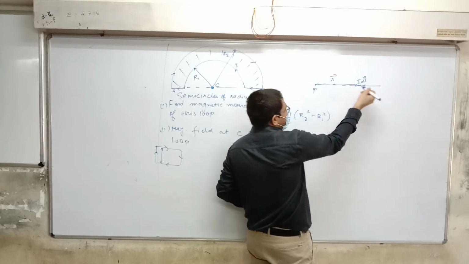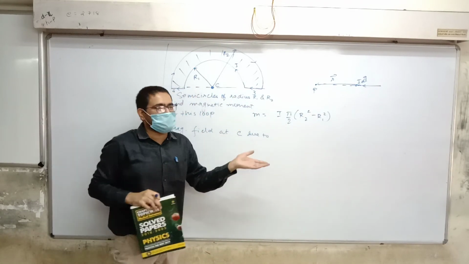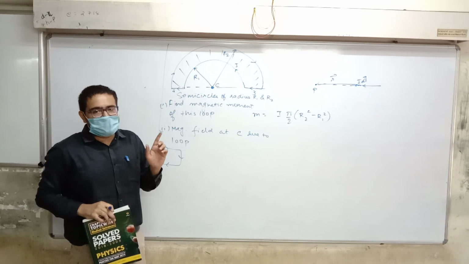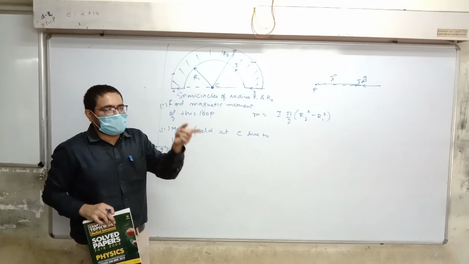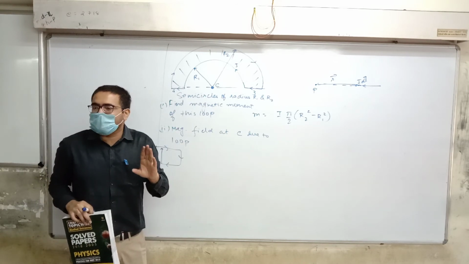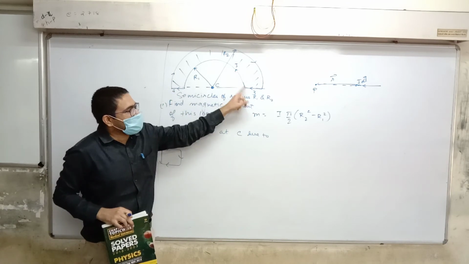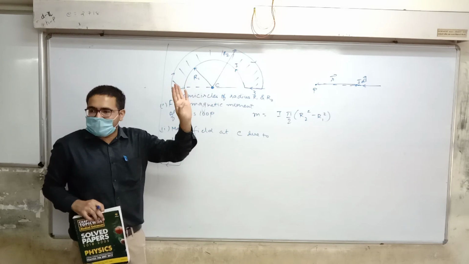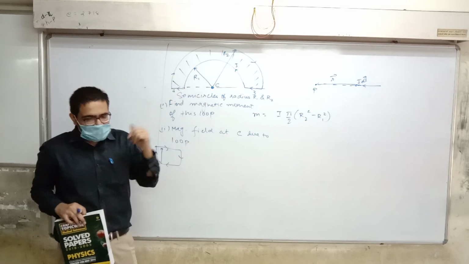The angle between dl and r will either become 0 or 180. So in that case sin 0 and sin 180 are both 0. So due to 3 and due to 4, how much magnetic field over here? 0. Clear? So do the rest.